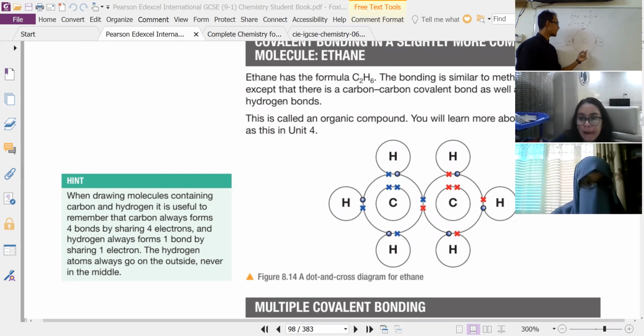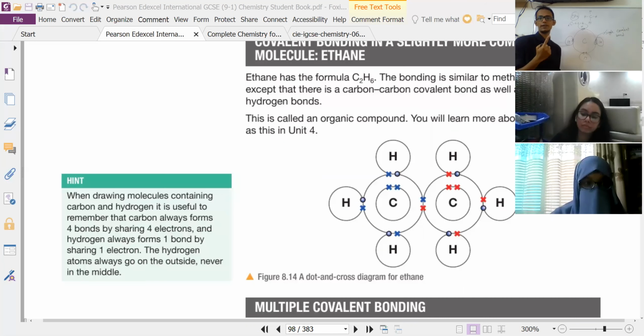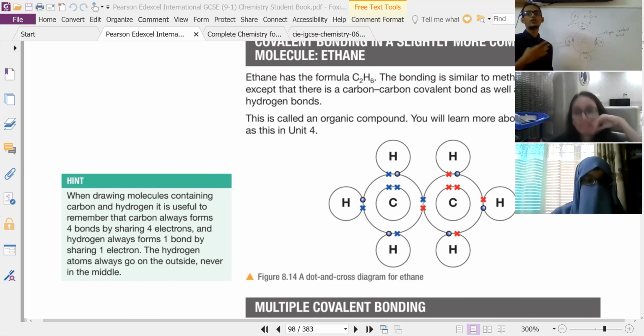This one pair of electrons is what we call a single covalent bond. If they share 2 pairs of electrons to form a covalent bond, we'll say it is a double covalent bond. If they share 3 pairs of electrons, we'll call it a triple covalent bond.